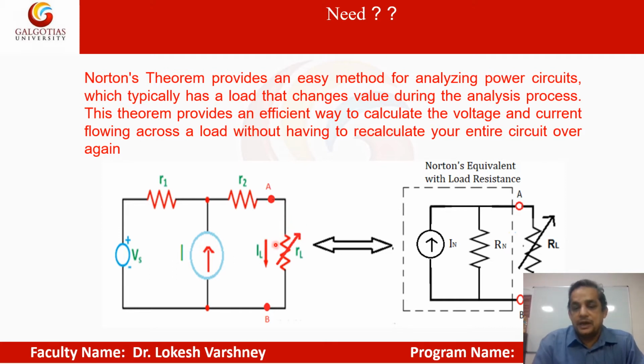But here RL is variable. If we solve KVL or KCL for a particular value of RL, we write the equation. Now again the value of RL changes, so again we rewrite the equation of KVL, KCL. So if they change the value, then again we write the equation.